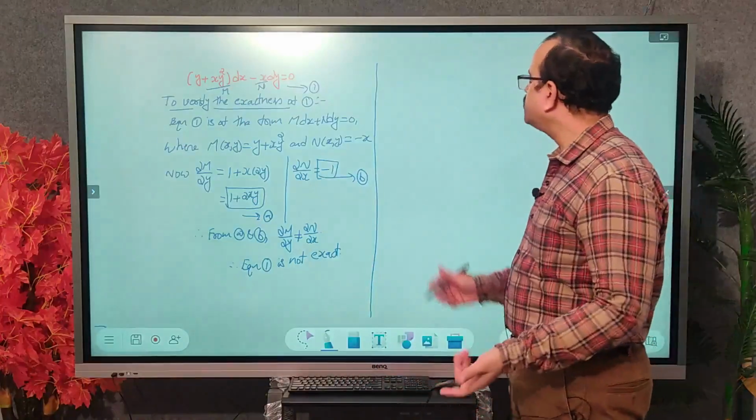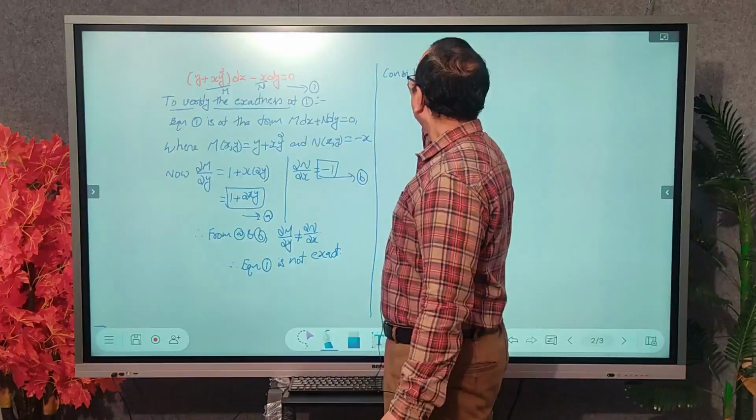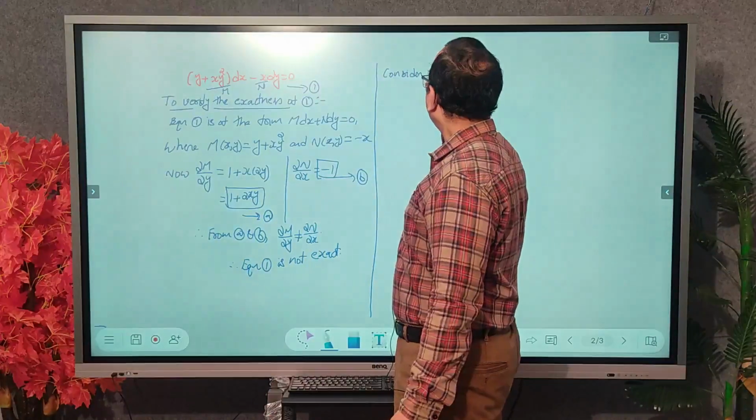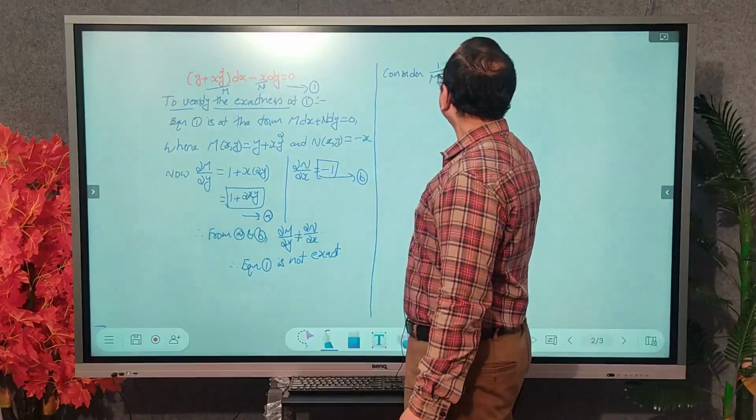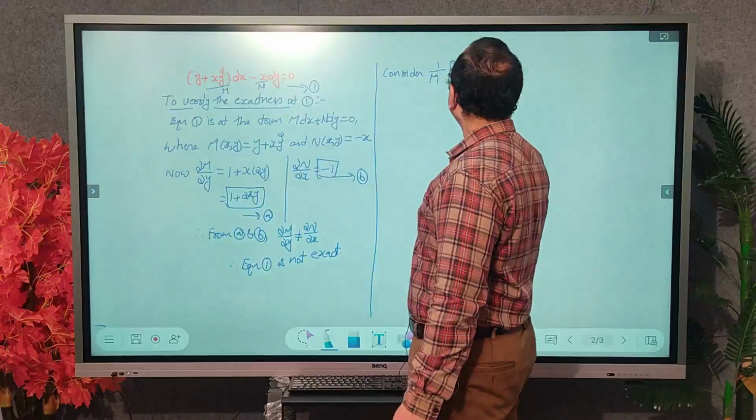So now we will check this function, it is 1/M into (∂N/∂x − ∂M/∂y). Because the first two cases fail, now we will check this value.